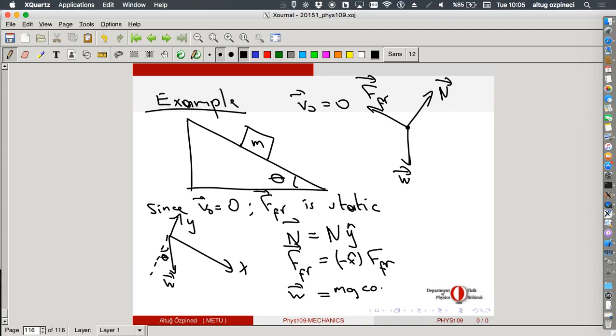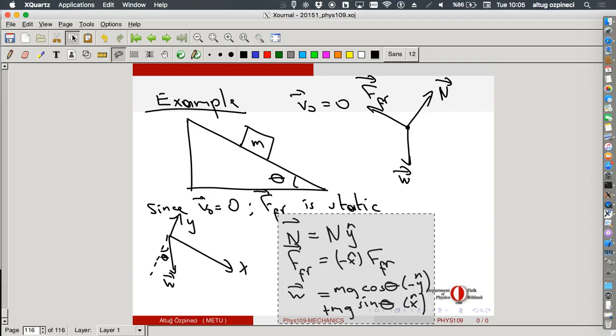So it is mg times cosine theta in the minus y direction and mg times sine theta in the x direction. This is the weight. So we have identified all the forces, and we don't know this n, we don't know this F friction, we have to determine those.